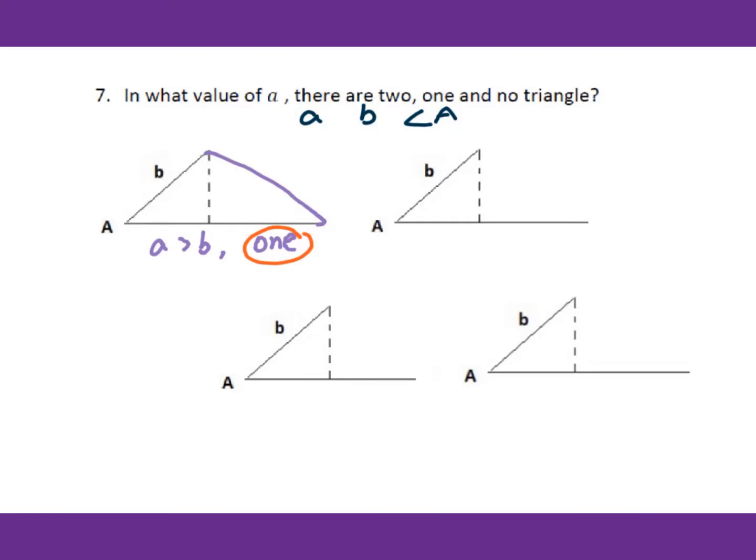If a equals b sin A, that means a is exactly this height, then we can form only one triangle.